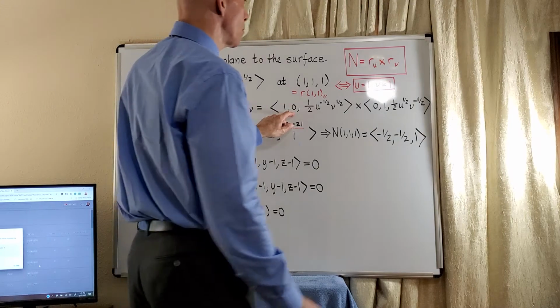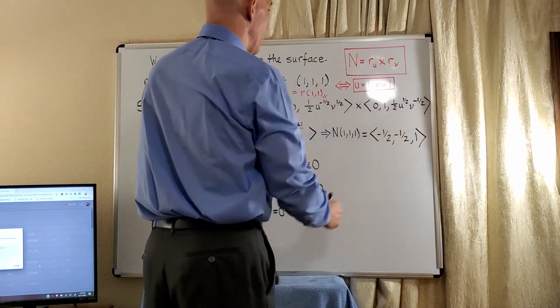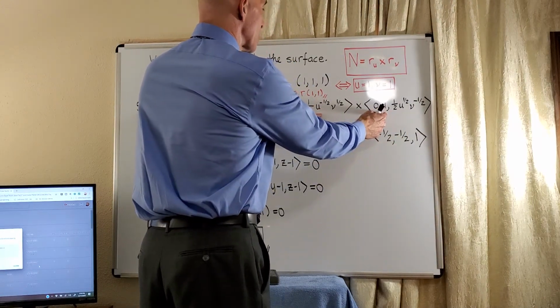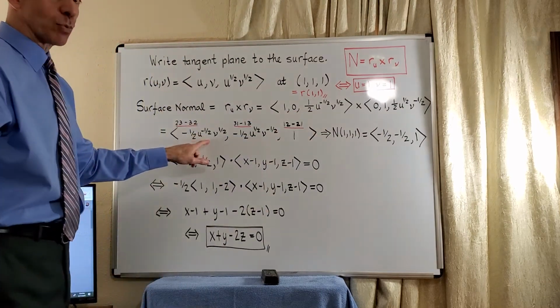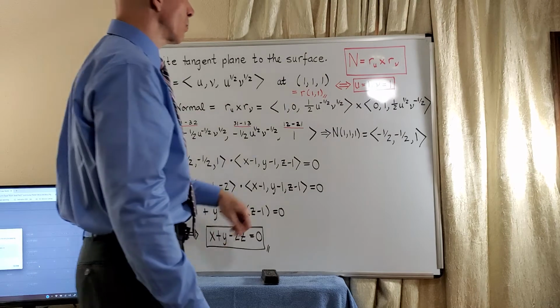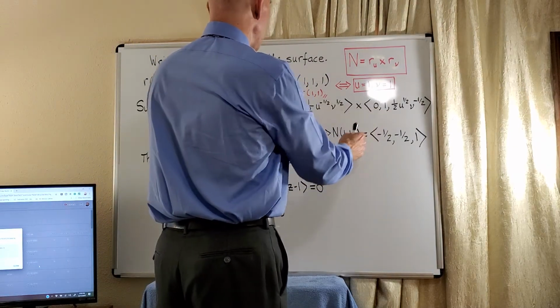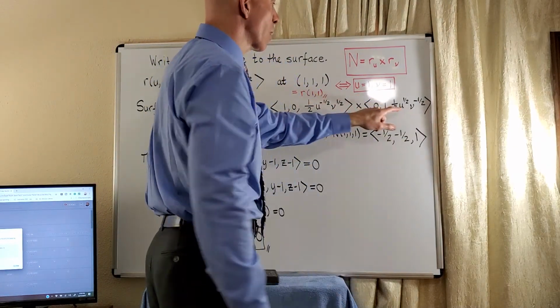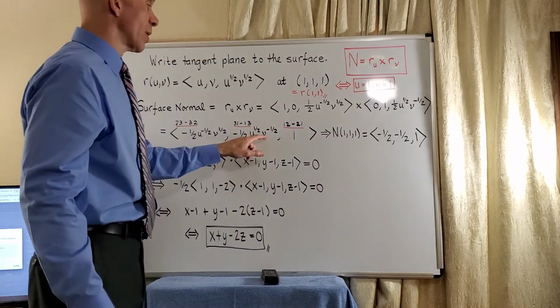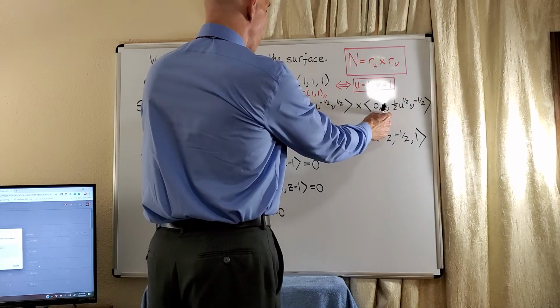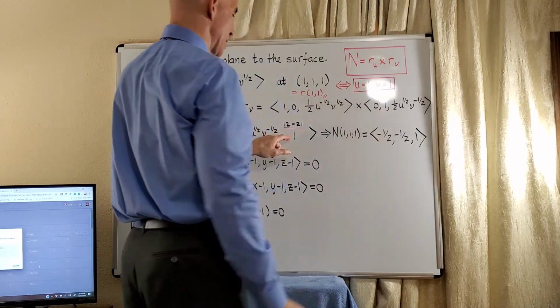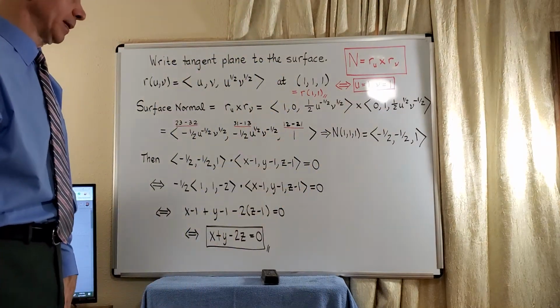We have 2, 3, that gives us a 0, and then the 3, 2 gives us the minus 1/2 u to the negative 1/2 v to the 1/2 as we have here. And then 3, 1 gives us the 0, and then 1, 3 we'll have minus 1/2 u to the 1/2 v to the negative 1/2, and then the 1, 2 gives us the 1, and the 2, 1 gives us the 0, so we just have the component 1.